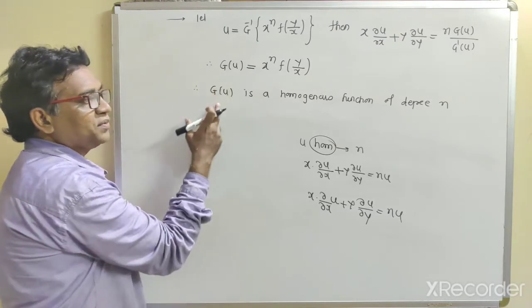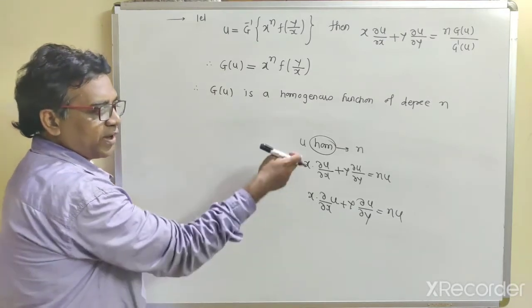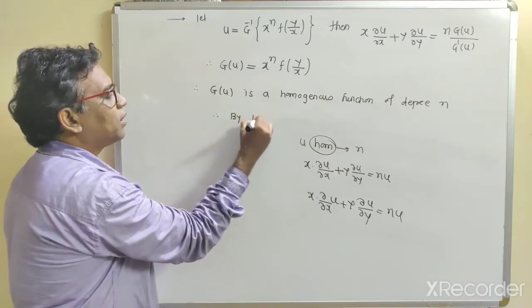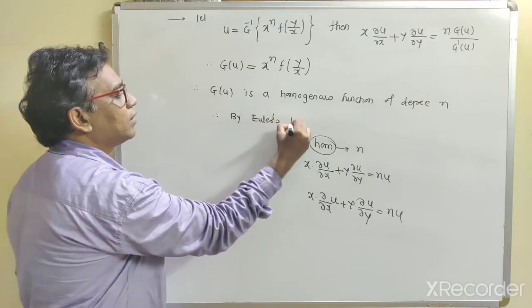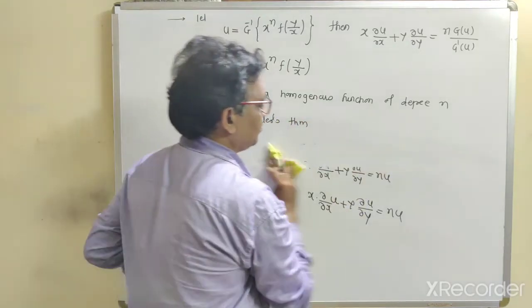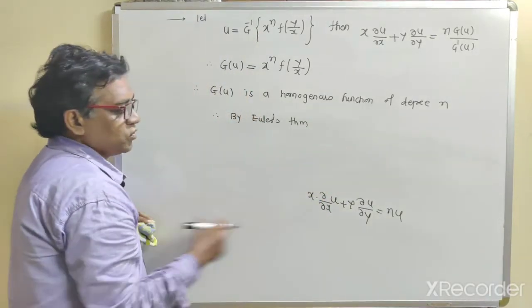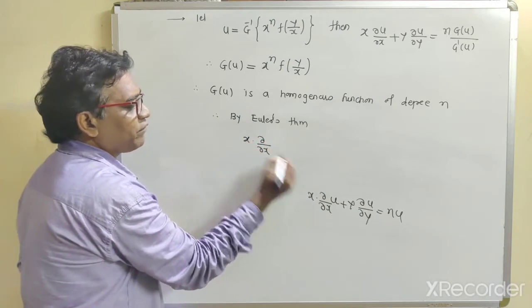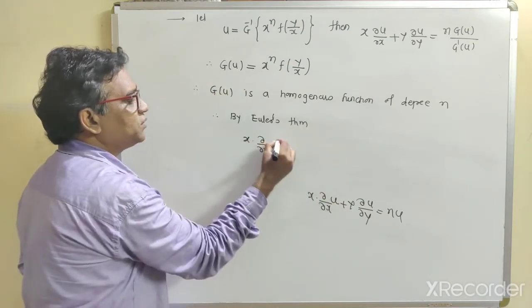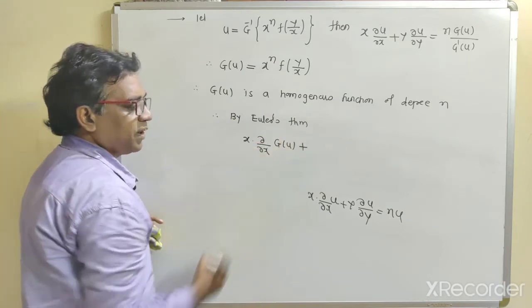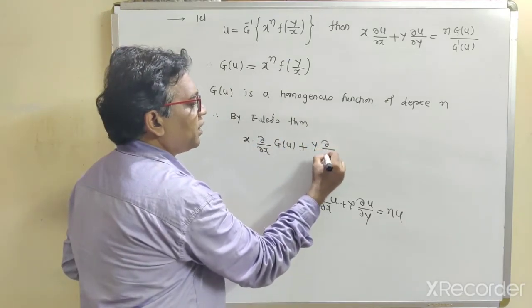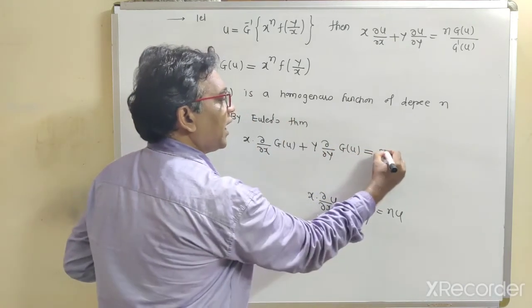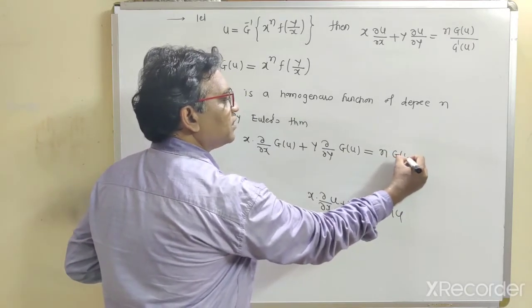Because g(u) is a homogeneous function of degree n, we can use this statement of Euler's theorem. So, by Euler's theorem, x into del by del x of our function, which is g(u), plus y into del by del y of g(u), is equal to n into our required function, that is g(u).